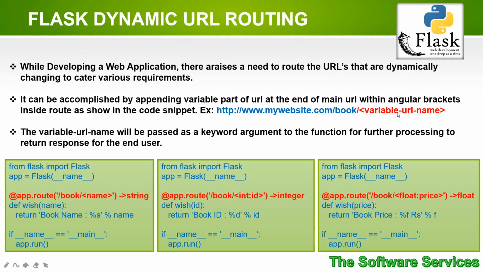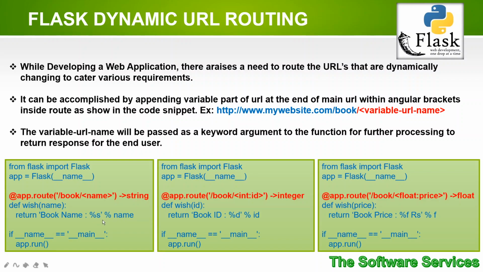So whatever variable name the user types in the web browser as a URL, that content will come and be stored inside the keyword argument, friends. That is the bottom line to understand here. And then the function will do its own processing and return the content to the end user like this. It is book name colon, this is string formatting, friends.